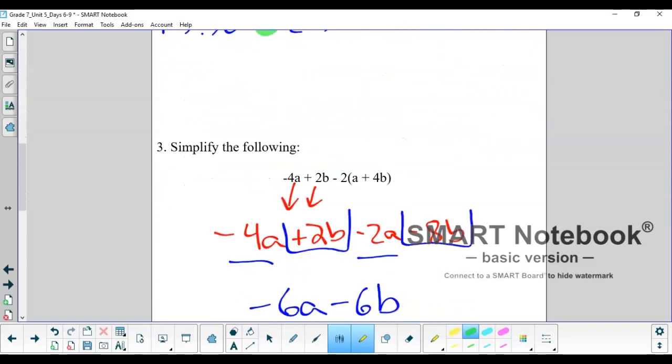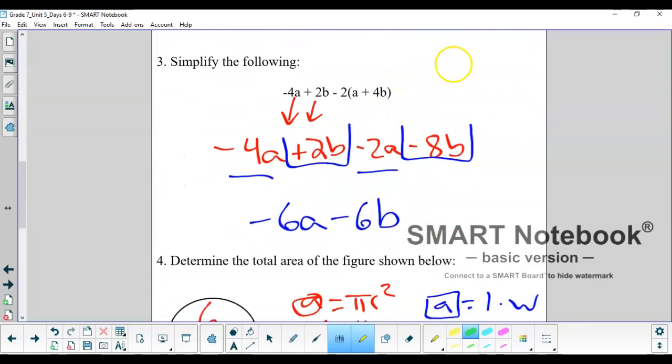Number 3, what we've been working on this week and for the last couple of weeks, I'm going to drop down the -4a and the +2b because they are not touching the parentheses and they're not inside the parentheses. So that means that I'm going to over-under this -2 times +a to give me -2a, and then -2 times +4b to give me this -8b.